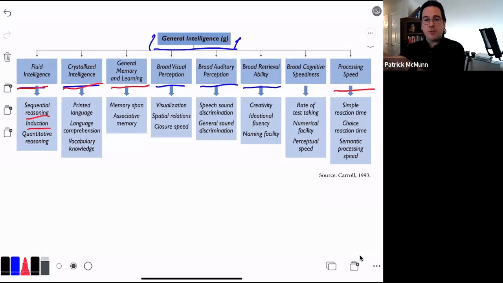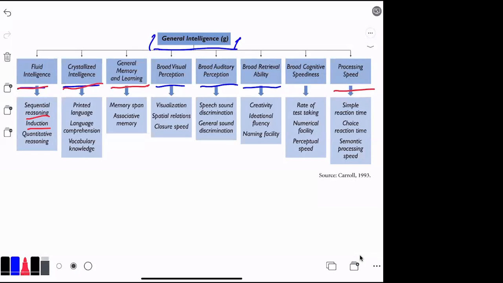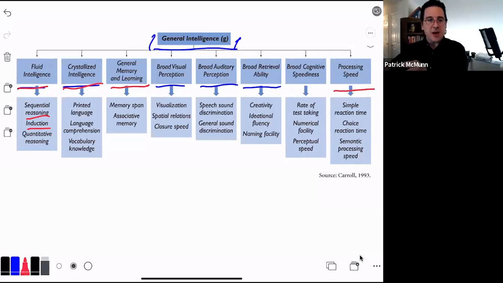What do you think the fourth clip would be? Slipping on the banana, right? Congratulations. You just showed good fluid intelligence, sequential reasoning and induction.